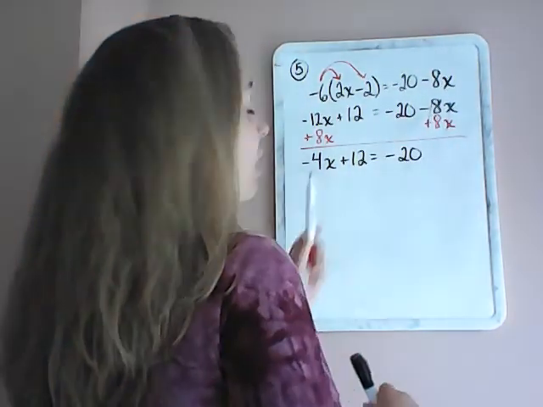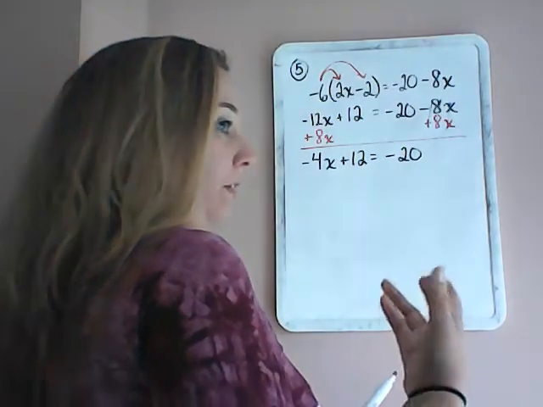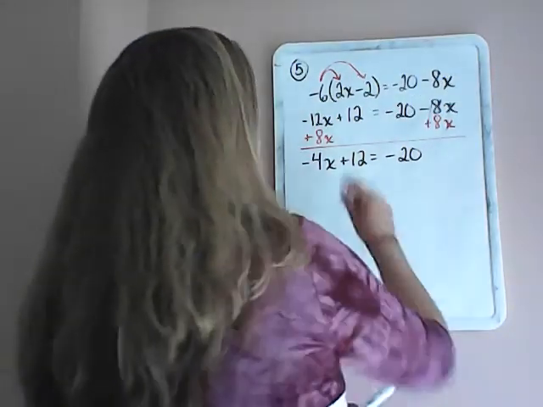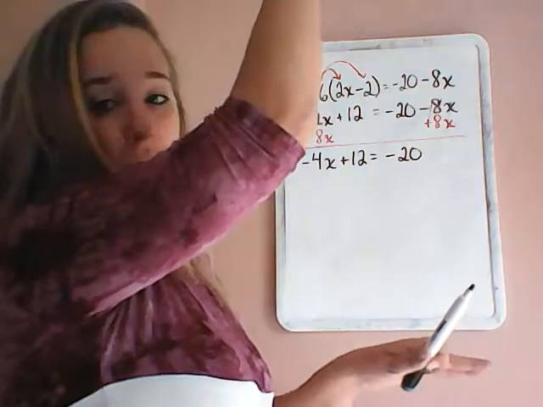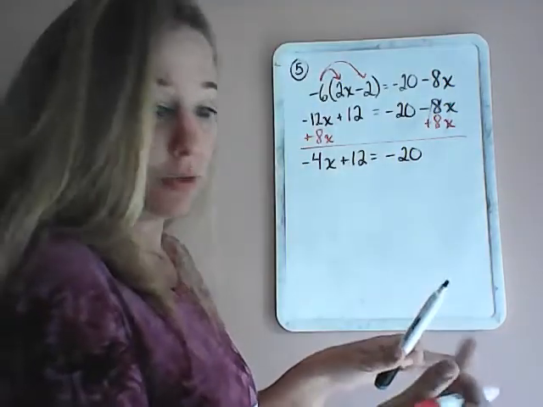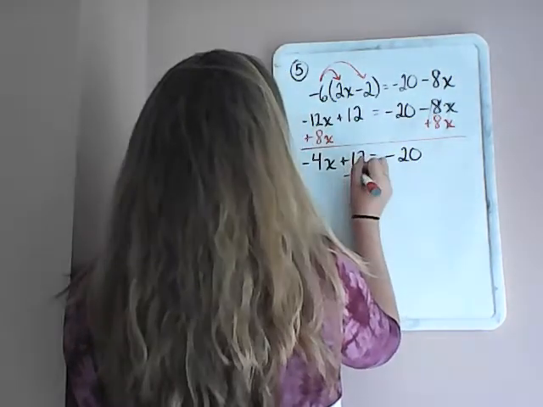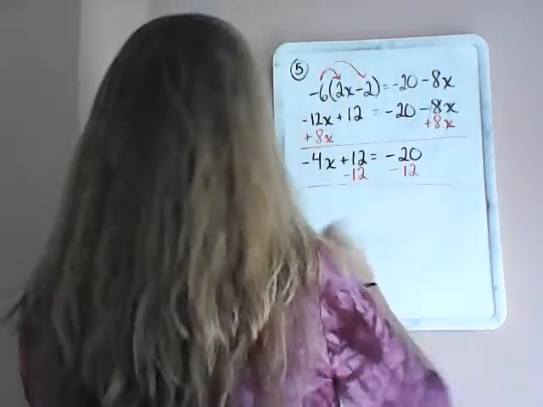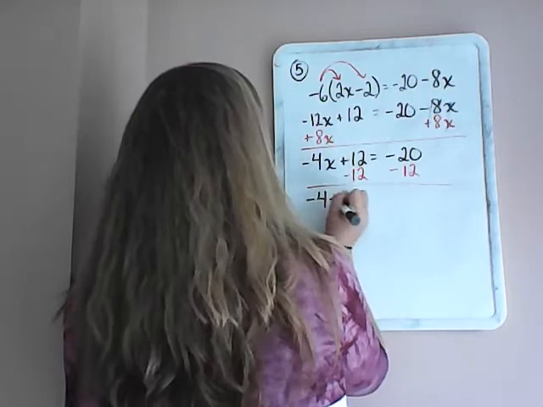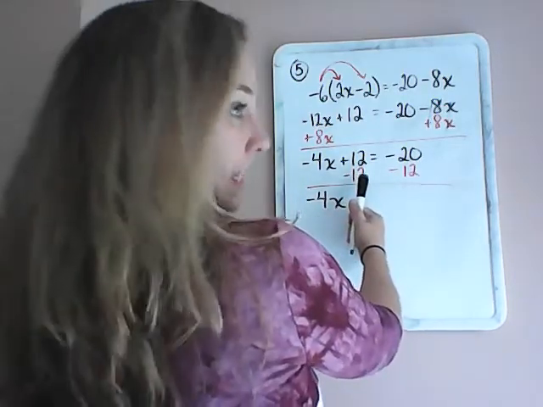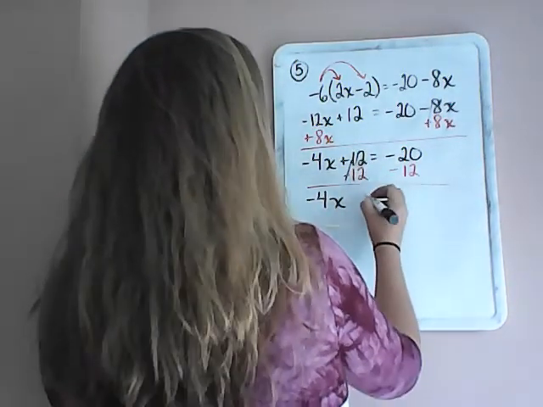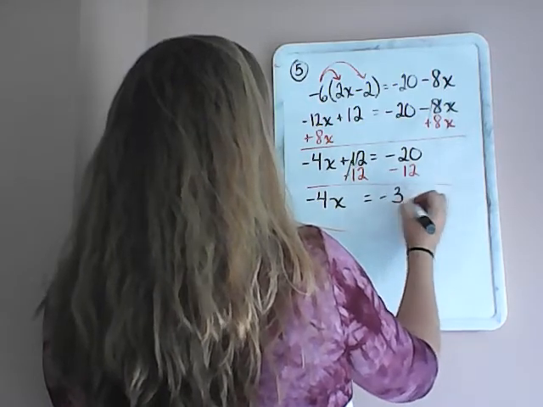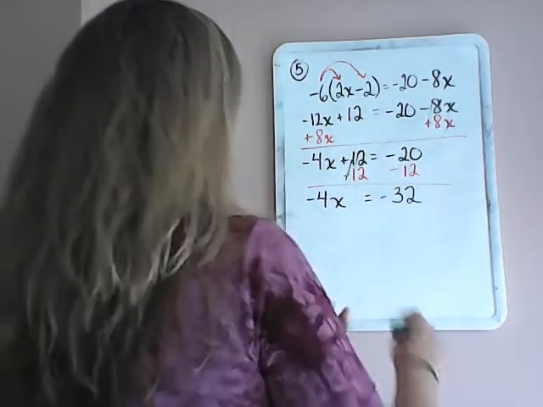Okay, now let's get our constant terms, or just regular terms, over here. So this positive 12 needs to be zeroed out. So I subtract 12 from here, so I subtract from there. -4x comes down because I've done nothing to it. 12 minus 12 is nothing. That's why we did that. Gone, gone. Cool.